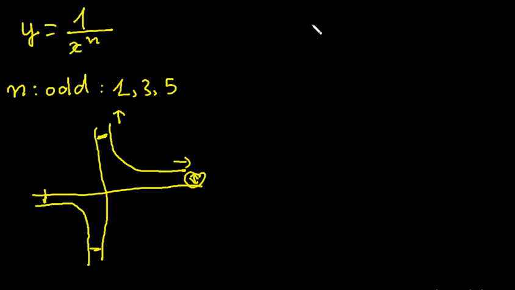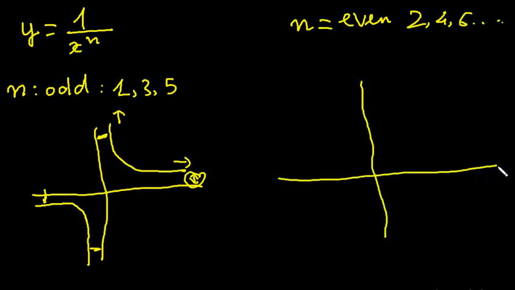And for n an even number, like 2 and 4 and 6, we have the shape of the graph be something like this. Here and here.